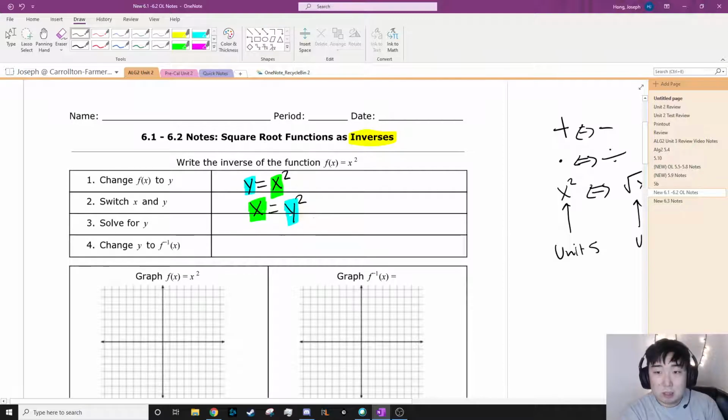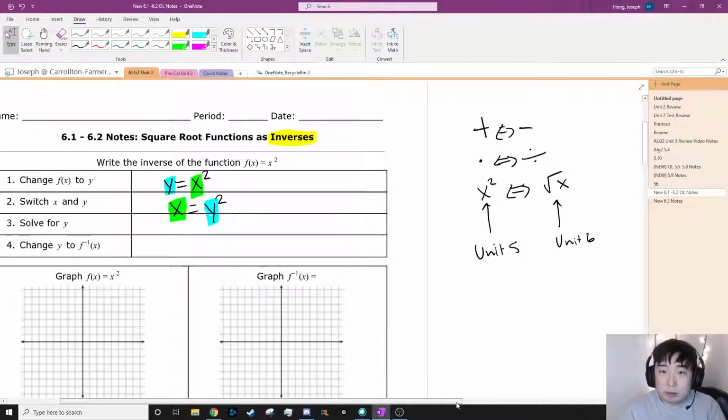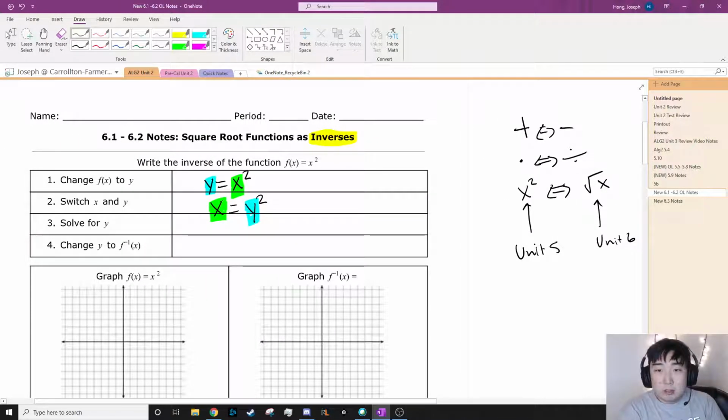So now we have to solve for y, or get the y by itself. To get rid of a square, we talked about it, is to square root. So if I'm going to square root, I'm going to rewrite this, x equals y squared. If I square root one side, I have to do it to the other. So square root of x is equal to y.